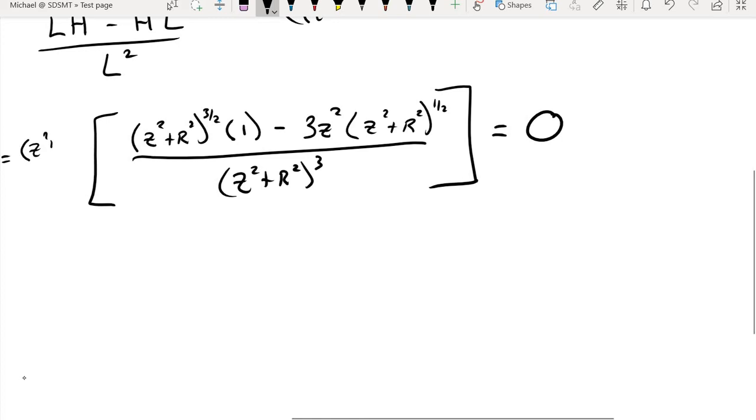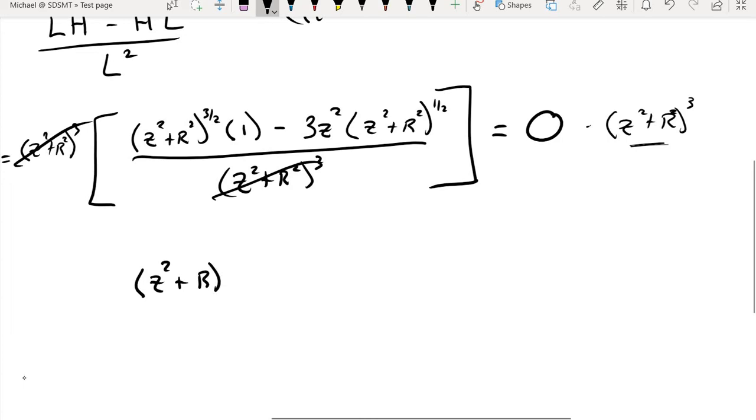So if I take (z squared plus r squared) to the third power and multiply that to each side, that will eliminate the denominator from the left-hand side, and 0 times something is still 0. And so now what we have is (z squared plus r squared) to the 3/2 power times 1. I'm just going to drop the 1 there.